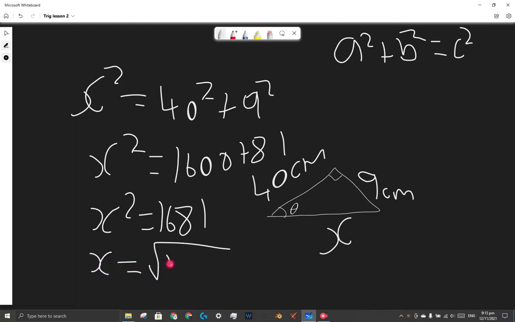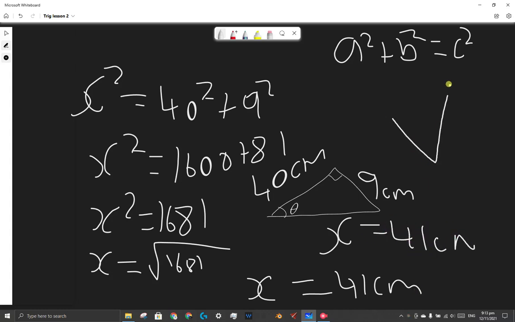So we're going to get rid of this square and put this into a square root. The square root of 1681 gives us 41. So x equals 41 centimeters.